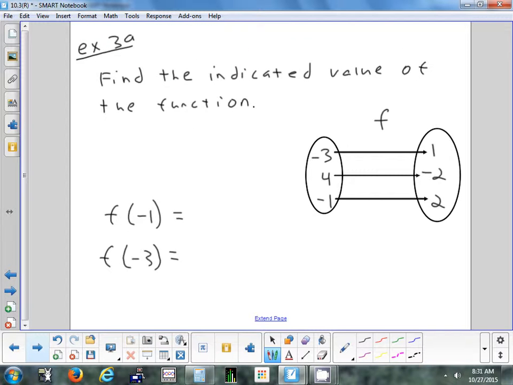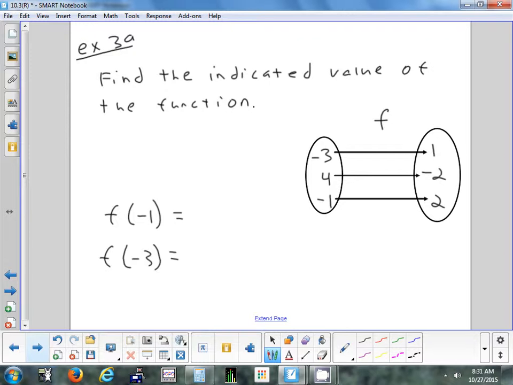So who can tell me here by looking at this? Okay, looking at our diagram, they want the value of the function when you plug -1 in for x. What's the value of this function if you plug -1 in for x?